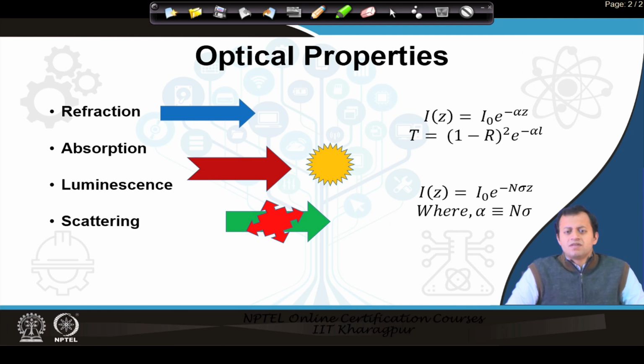So, transmittivity actually is determined by, well, T plus A plus R is equal to 1. So, T is going to be 1 minus A plus R. In a more fancy way, I can describe it in this exponential term because it incorporates losses. Absorption has to have some amount of losses.